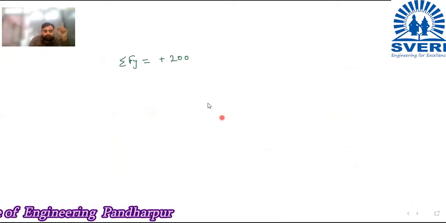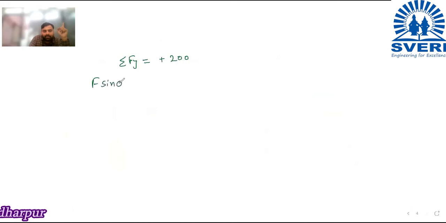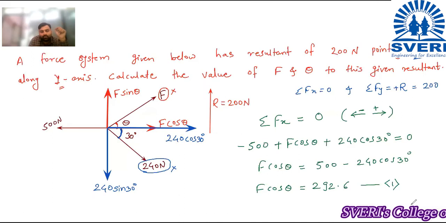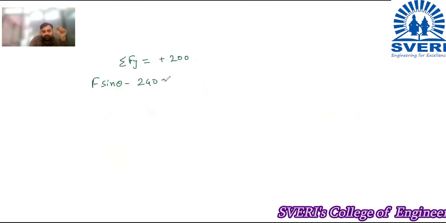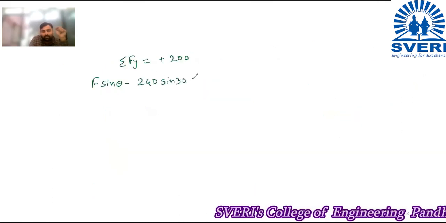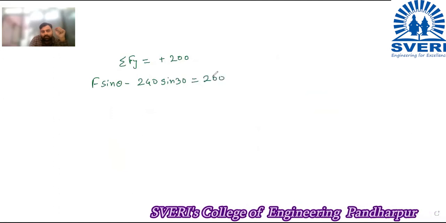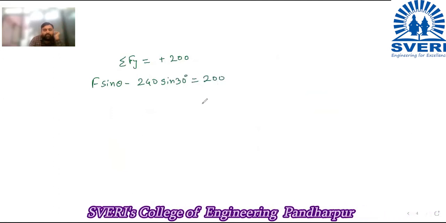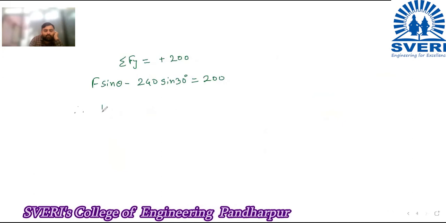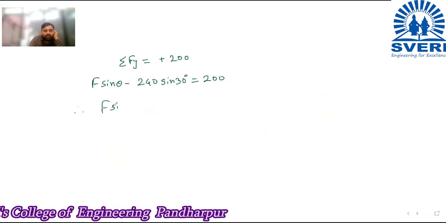So F sin theta, it is plus F sin theta minus 240 sin 30 is equal to 200. So therefore I will keep F sin theta on this side.